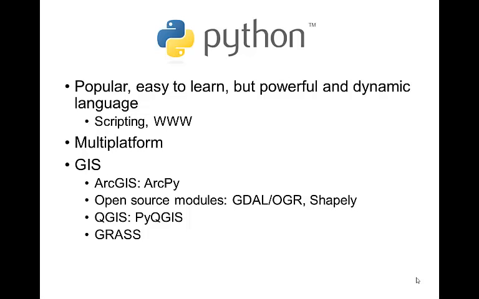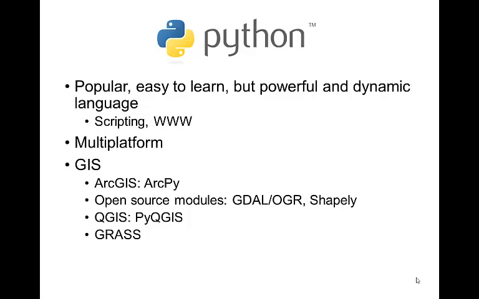There's lots of open source modules available out there. Modules is just the Python word for libraries: a collection of objects, a collection of programs, a collection of functions. One of them is GDAL-OGR, which I think I've mentioned.